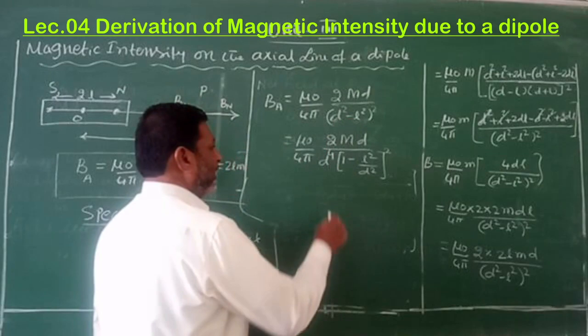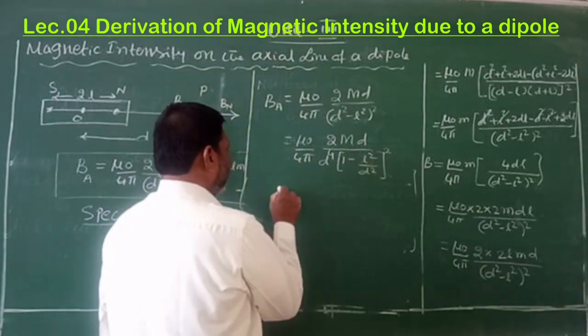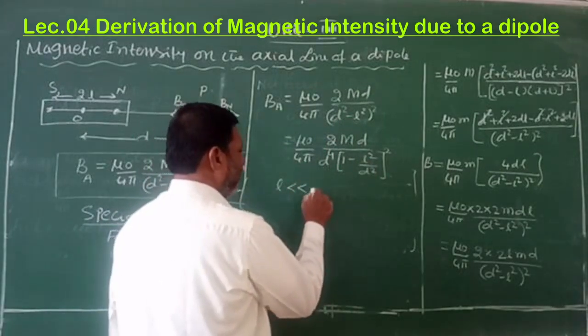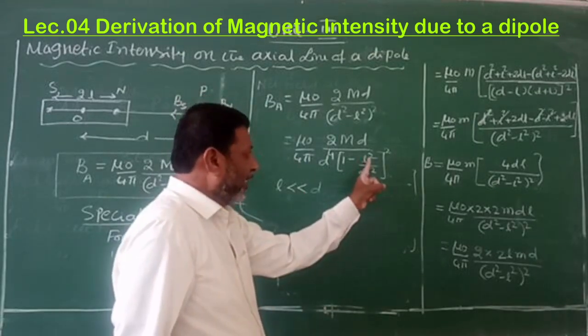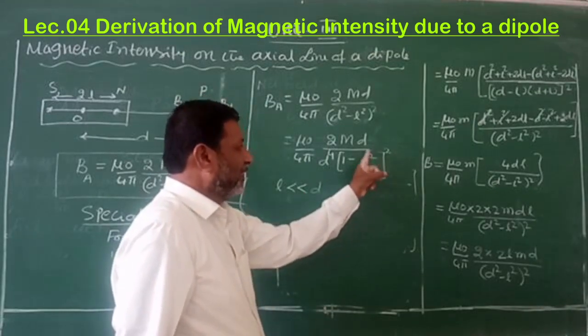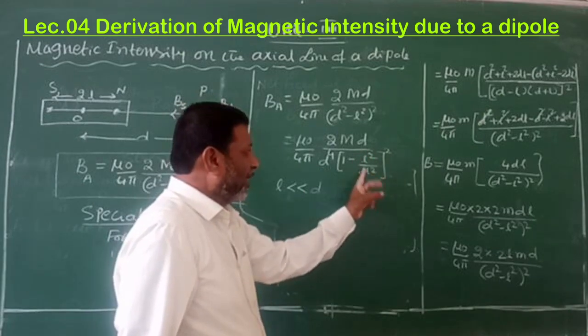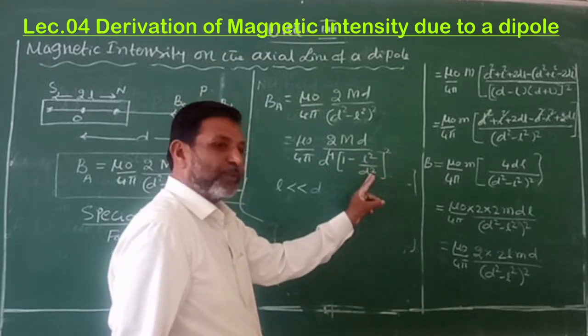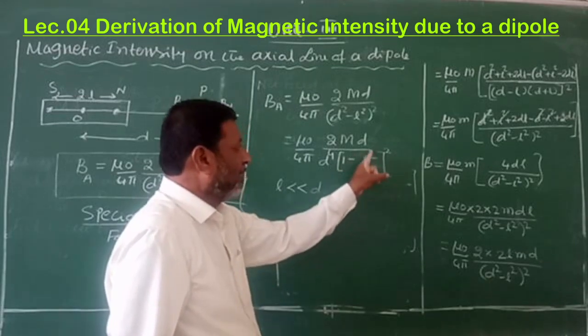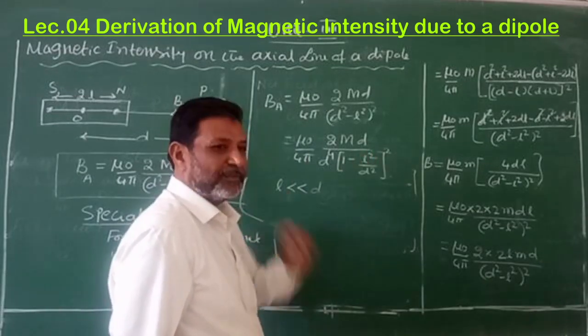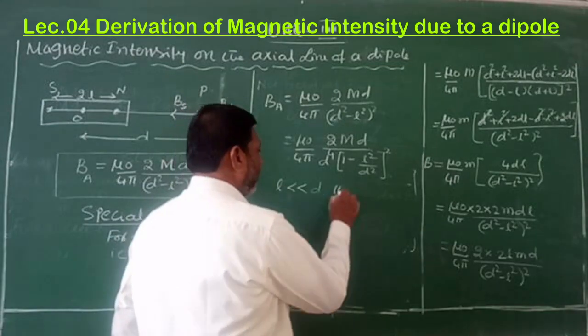Now, since L is very much less than d, the numerator is very small compared to the denominator, and d is very much greater than L. That means this factor becomes negligible.